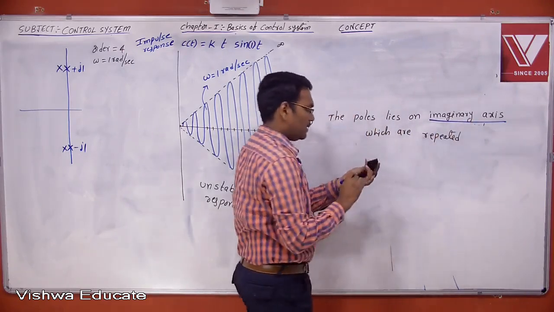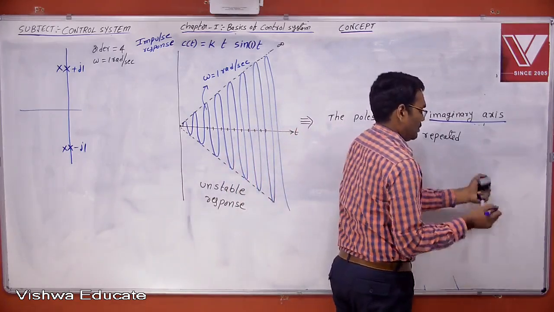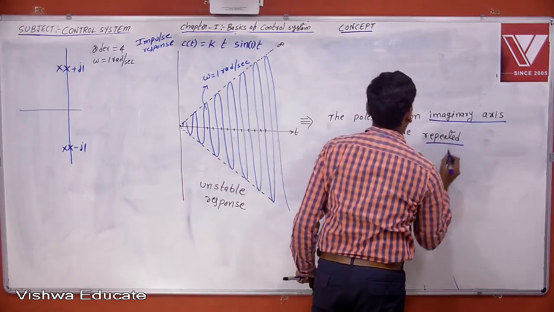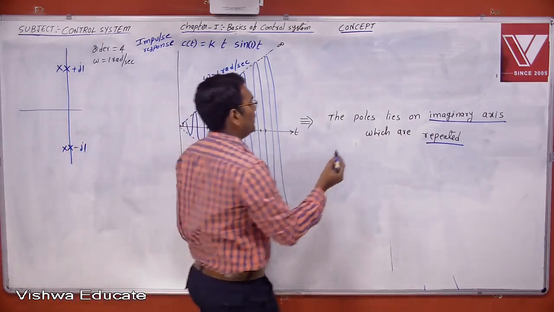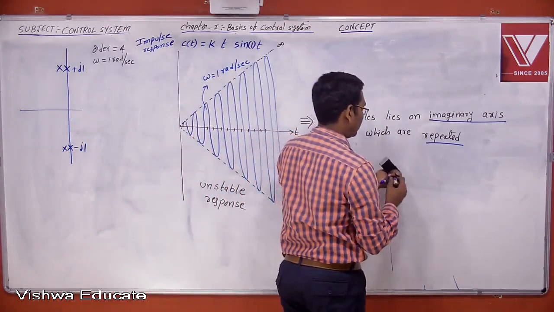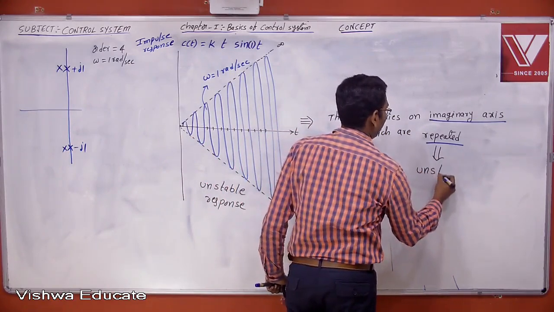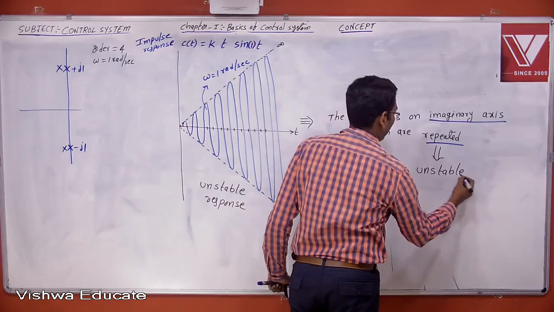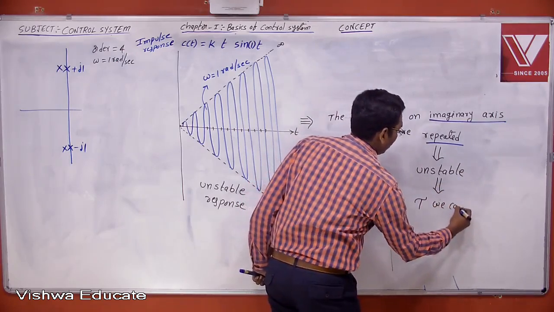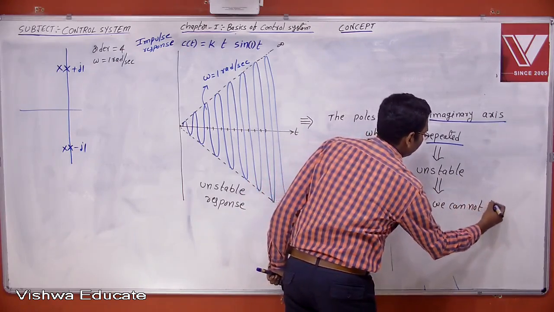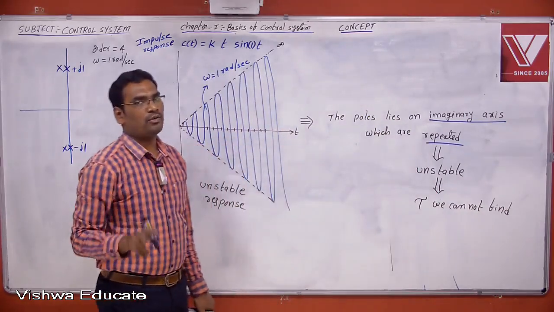This is the imaginary axis, but the poles are repeated. If the poles lie on the imaginary axis and are repeated, the system is unstable. If it is unstable, we cannot find the time constant. Therefore, these are the 2 points you have to remember.